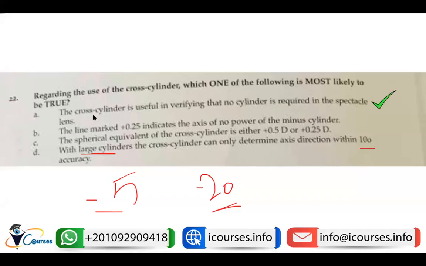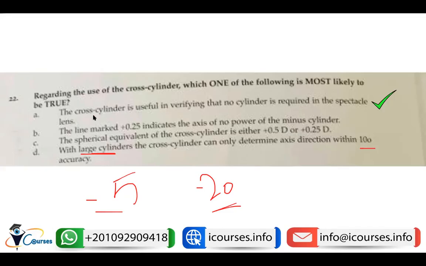And actually, this is my mistake. When I discuss the cross cylinder in clinical courses, I used to put this slide at the beginning of the cross cylinder topic, because this is a step in the clinical refraction of a patient. The first step is to check at the start if he has a cylinder or not.